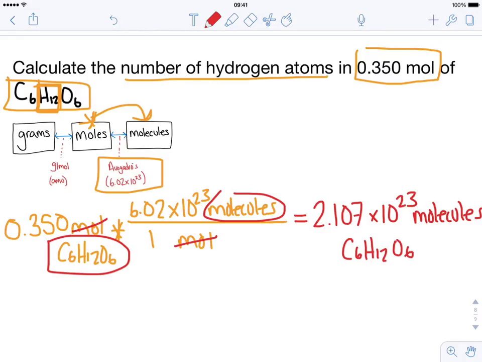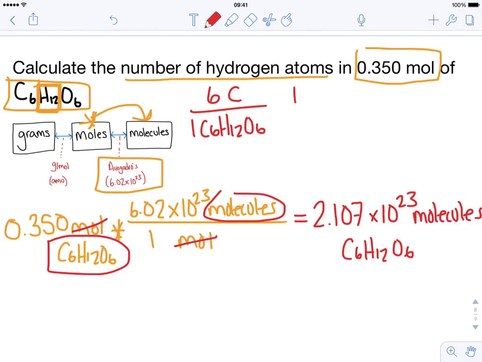Okay, so we have molecules, but we have molecules of the entire thing. And the question is asking us for molecules of just hydrogen. So again, this compound in and of itself is a conversion factor. So we can say that there are 6 carbons in one C6H12O6.